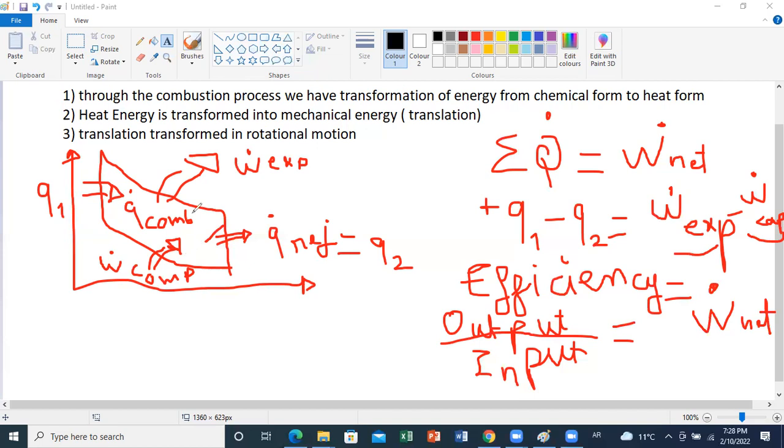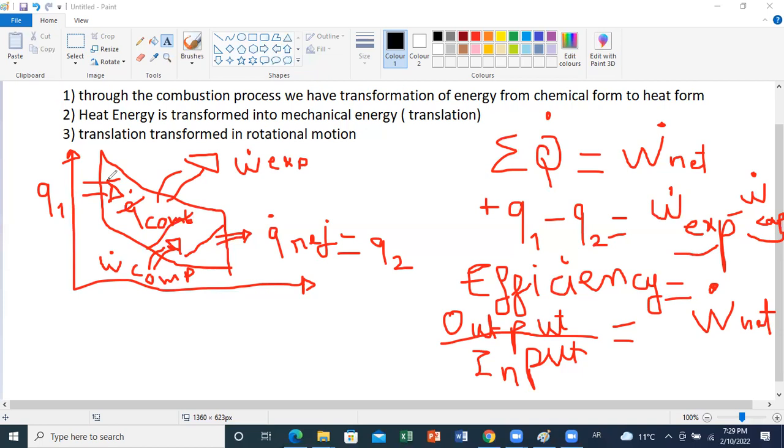This is your output, because your purpose is to produce work, to transform the heat energy of combustion into work that will be used here to rotate your crankshaft, and your crankshaft rotation will be transmitted to wheels, and these wheels will run your car, okay?